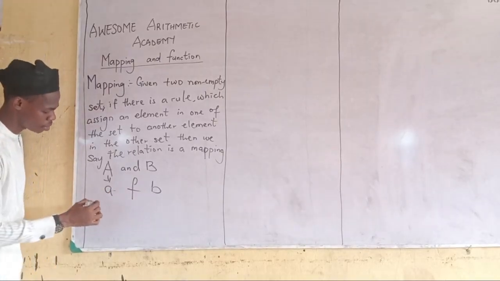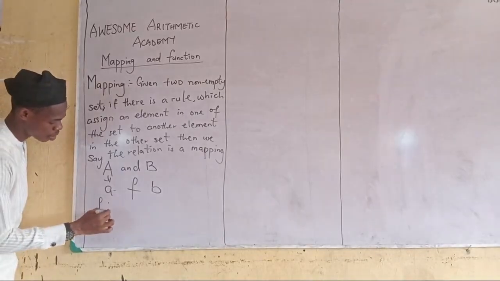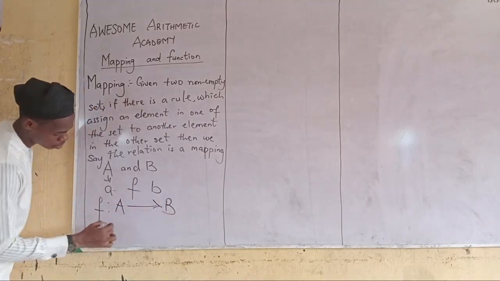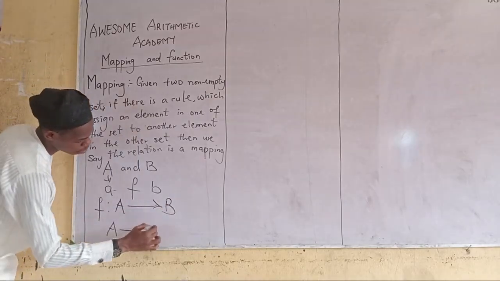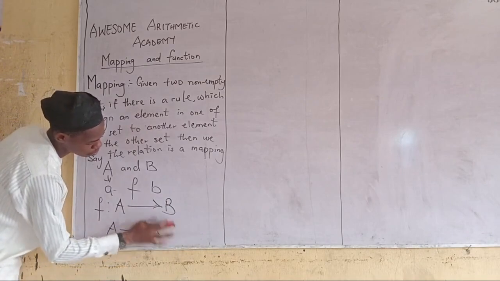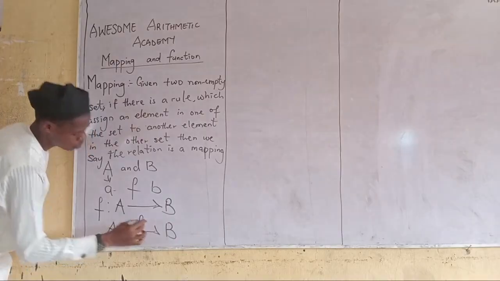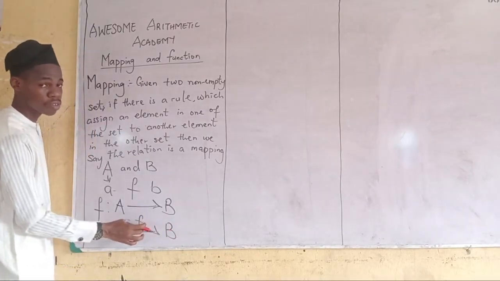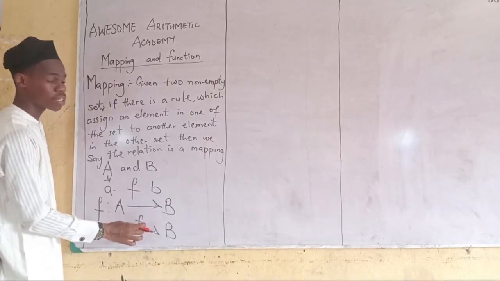And mapping is represented as f: A maps to B, or you write it as A maps to B. So now an element of A is mapping to B with a given rule. So this f is standing as a rule.